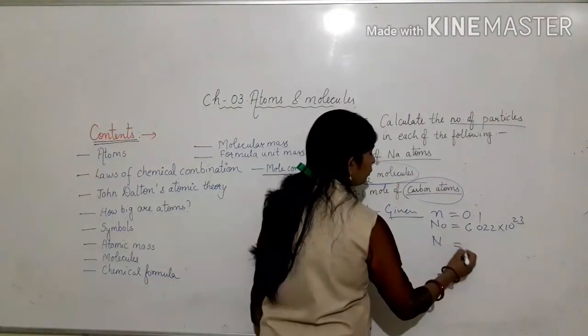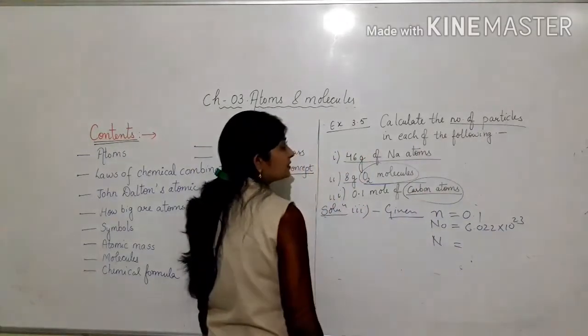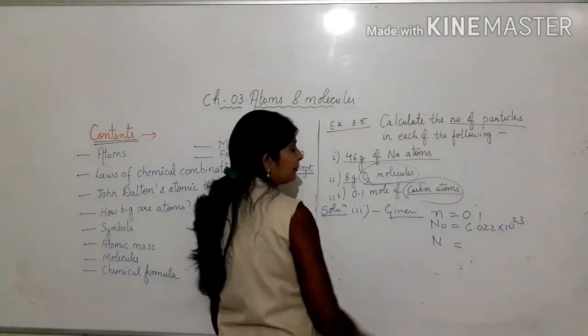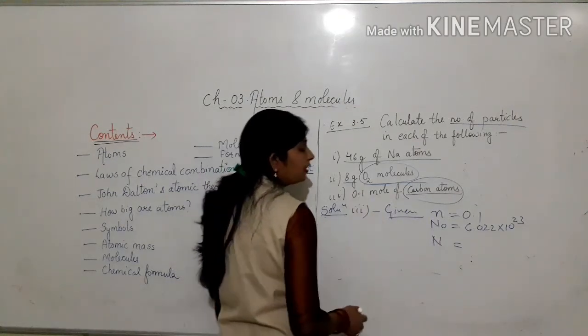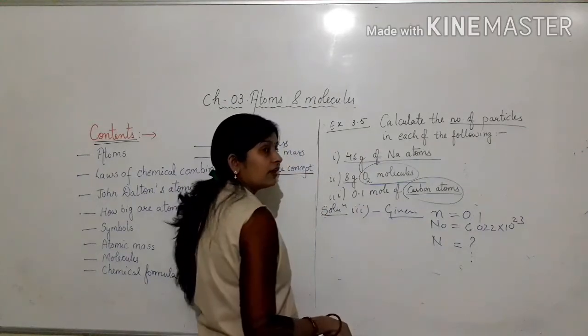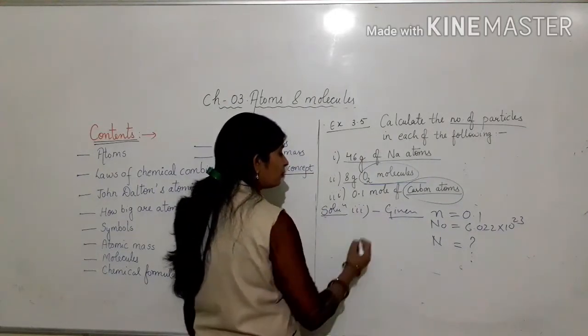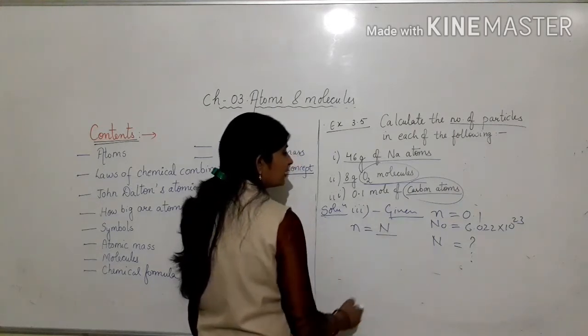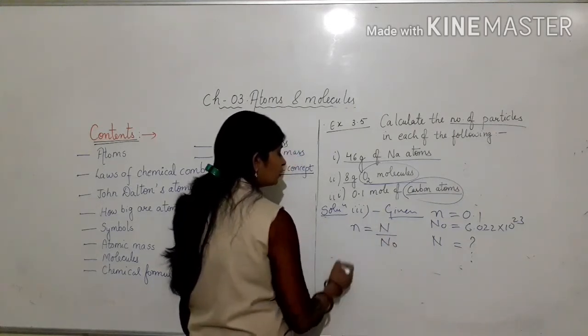And we have to calculate the number of particles, meaning number of carbon atoms, denoted with capital N, in its 0.1 mole. Okay. So we will apply the straight direct formula, that is number of moles is equal to number of particles upon Avogadro constant.